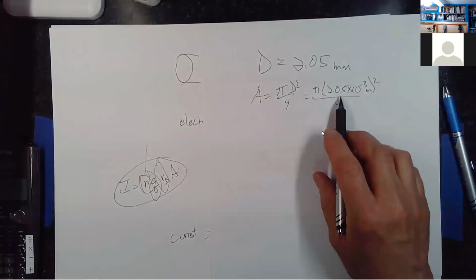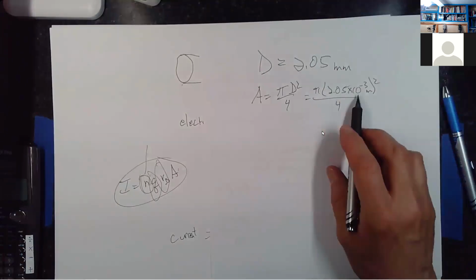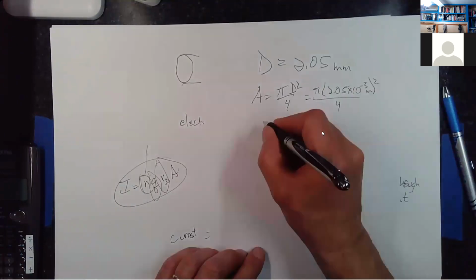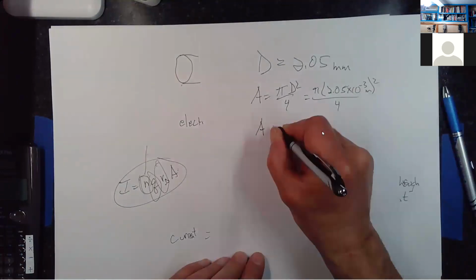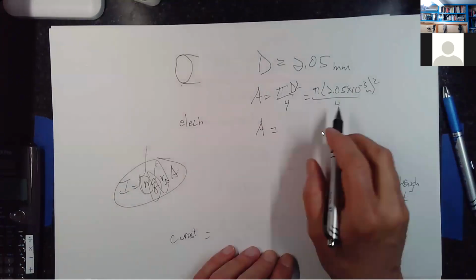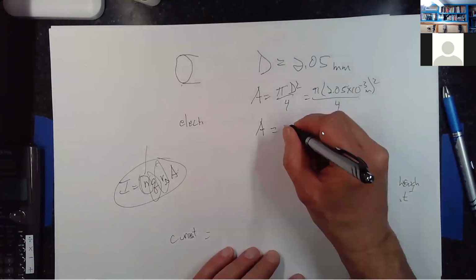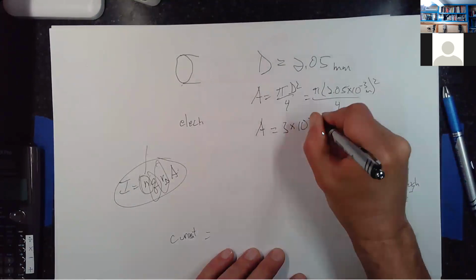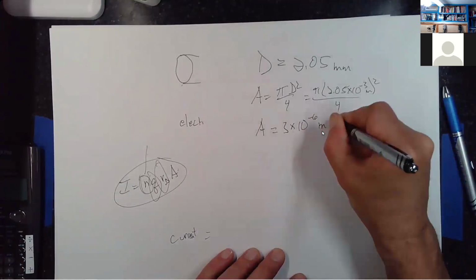That ends up being about 4 times 10 to the minus 6th, and 4 over 4 is 1. So this cross-sectional area will be approximately pi times 10 to the minus 6th, or let's just call it 3 times 10 to the minus 6th meters squared.